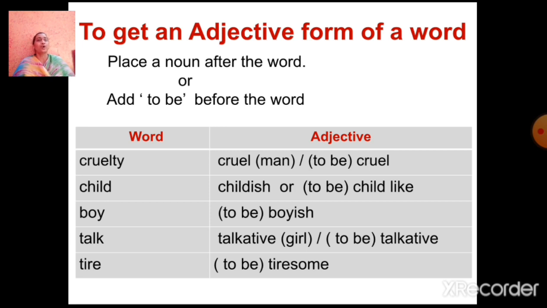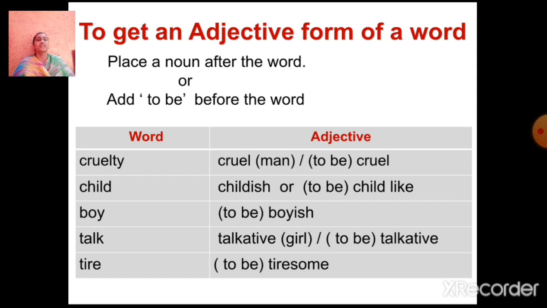So let's form a sentence. Like, she is a talkative girl. Now here girl is a noun. So we know that an adjective describes a noun. So here the adjective talkative is describing a noun, that is girl.